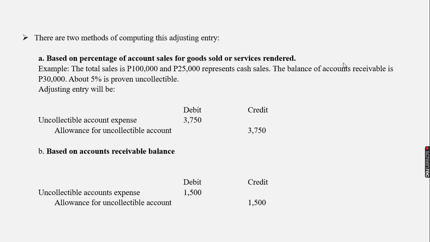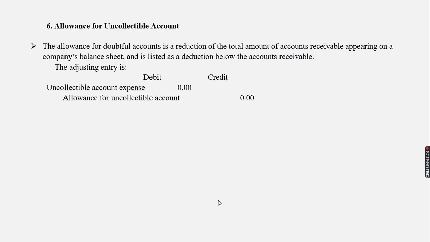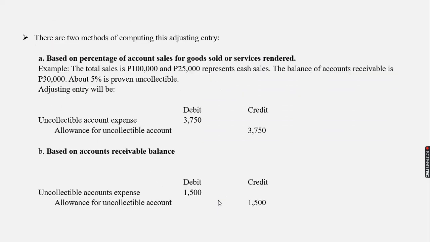So, we have 30,000, multiply natin siya sa 5%. Yan, makukuha natin yung 1,500. So, uncollectible accounts expense mo is 1,500 and allowance for uncollectible account is 1,500. Okay? So, yan yung dalawang method sa pag-compute ng adjusting entry when it comes to allowance for uncollectible account.